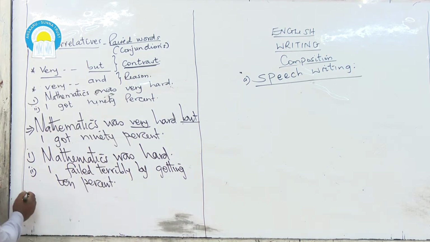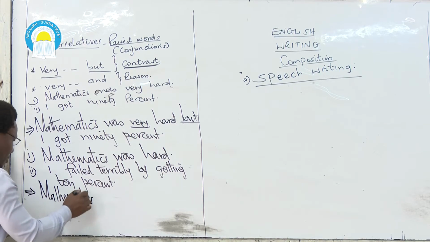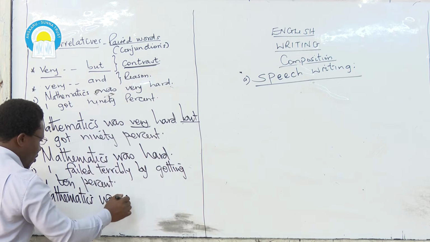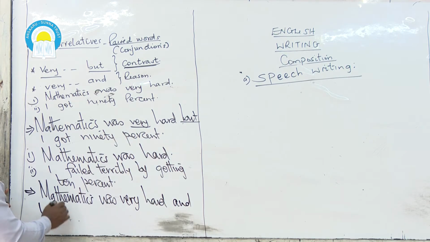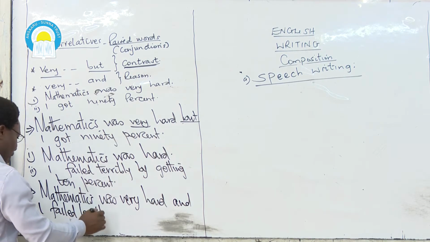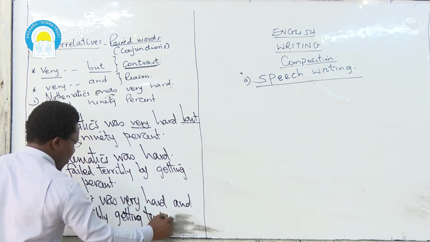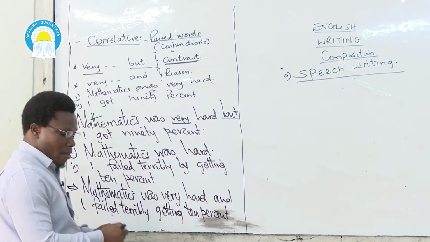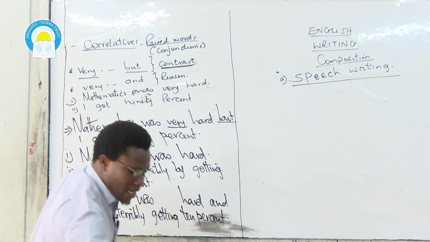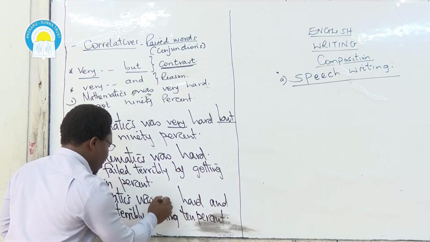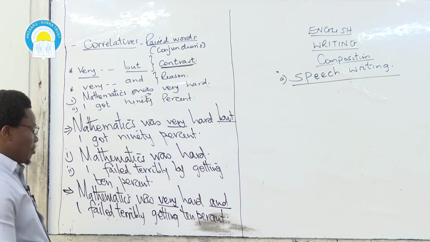Therefore, the two sentences can be written as: mathematics was very hard and I failed terribly getting 10%. Mathematics was very hard and I failed terribly getting 10%.